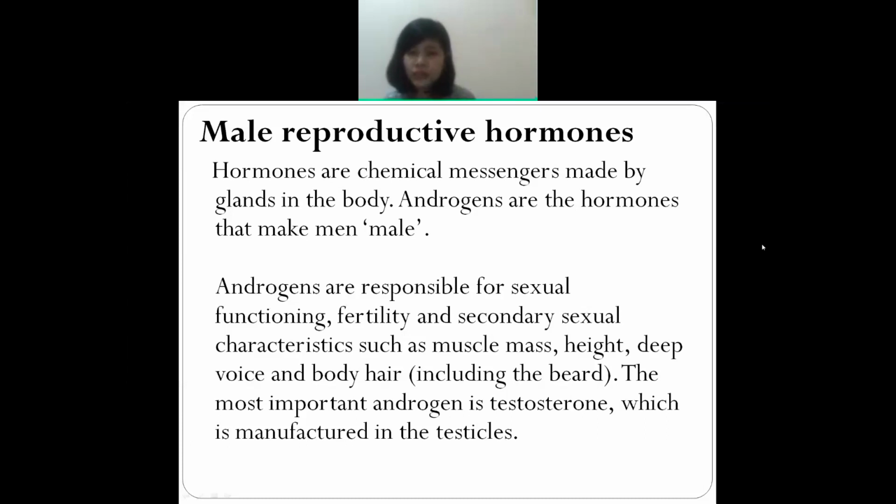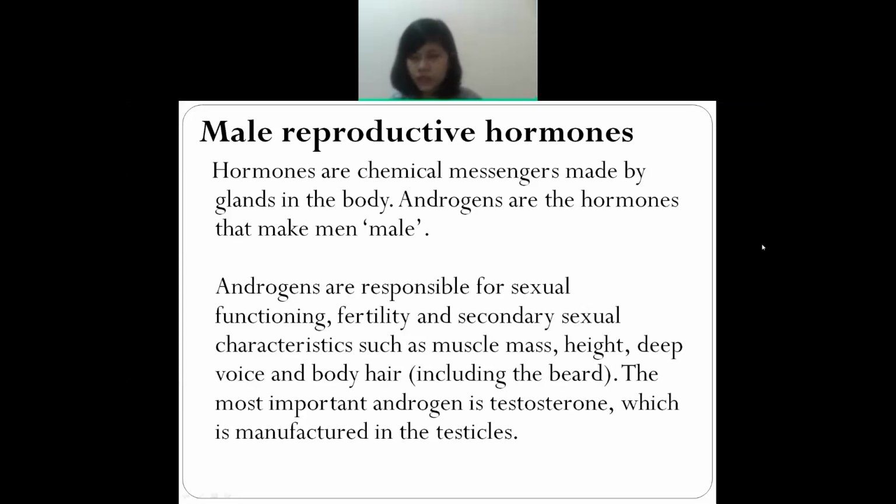For example, the muscles as well as the height of the boy, and the voice also changes, it becomes deep. And also they grow some body hair in their private areas, as well as underarms, then beard, they grow all these hairs.